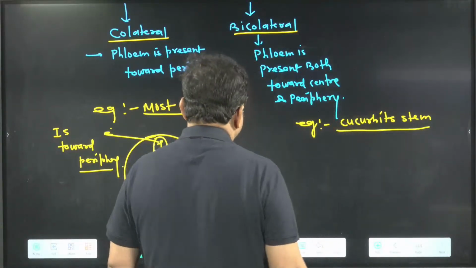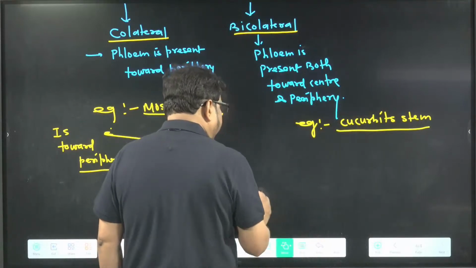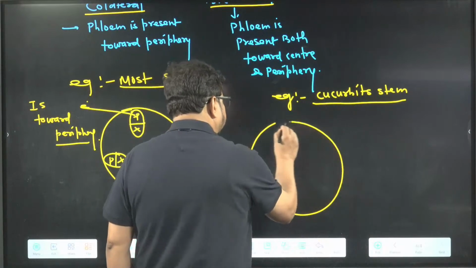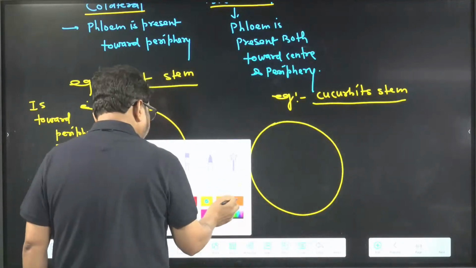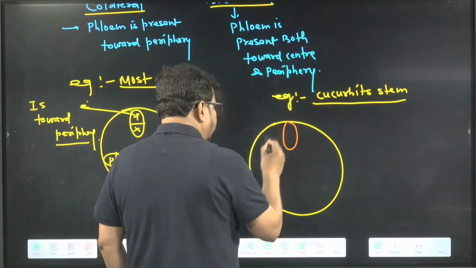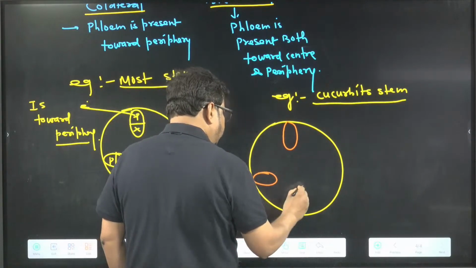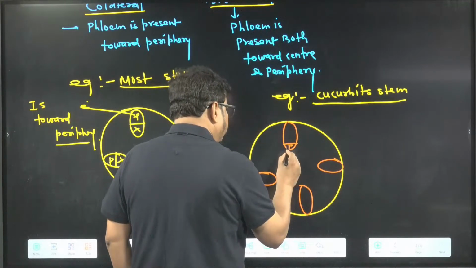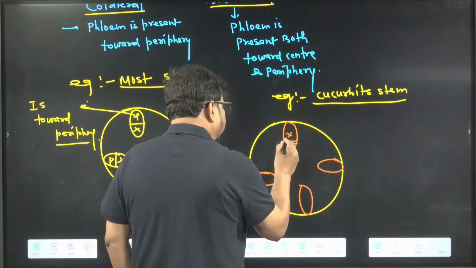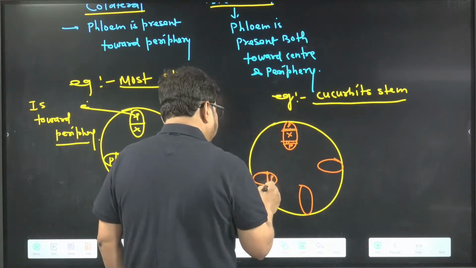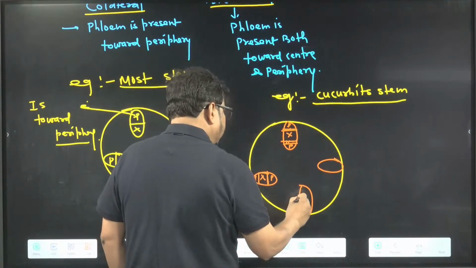Now if we talk about bicollateral, how the arrangement will look, give your attention. I am drawing the diagram. Look here. So here it is. Phloem, xylem, cambium, phloem. Phloem, xylem, phloem.